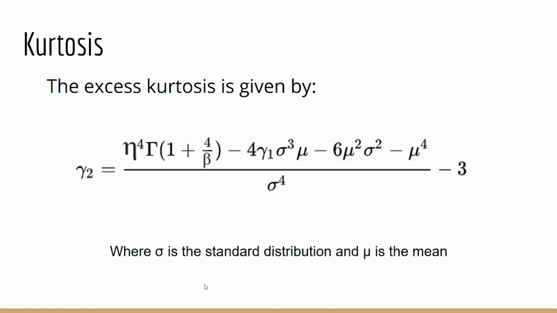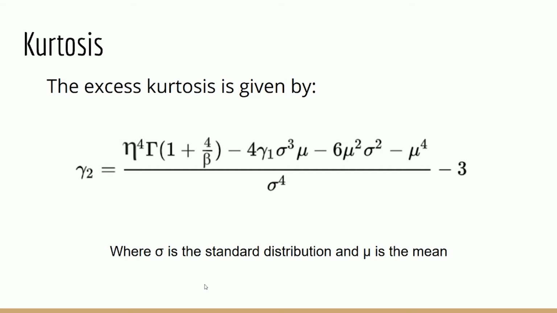So kurtosis is a measure of whether the data are heavy-tailed or light-tailed relative to a normal distribution. So for the Weibull distribution, the formula for kurtosis is eta to the power of 4 multiplied by gamma evaluated by 1 plus 4 over beta, minus 4 multiplied by gamma 1 multiplied by standard distribution to the power of 3 multiplied by the mean, minus 6 times the mean squared times the standard distribution squared, minus the mean to the power of 4, all over the standard distribution to the power of 4, and all of that minus 3.